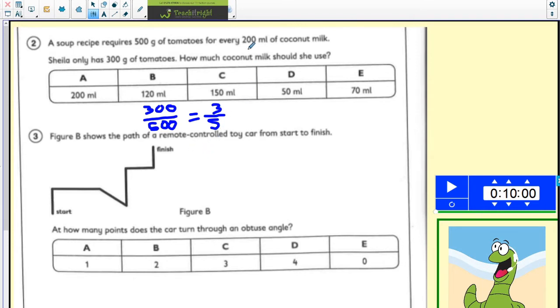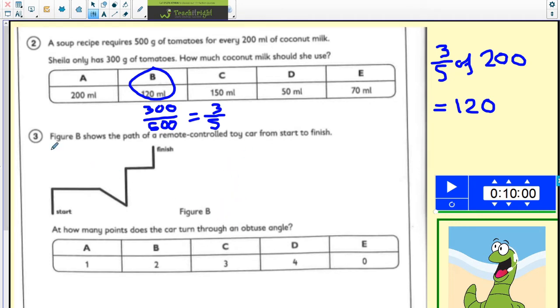So she's going to need to use 3/5 of the 200, and if you do 3/5 of 200, you end up with 120 milliliters. And the reason for that is if you divide 200 by 5, you get 40, and she's got 3 lots of that to get to the 120. So that's your answer.